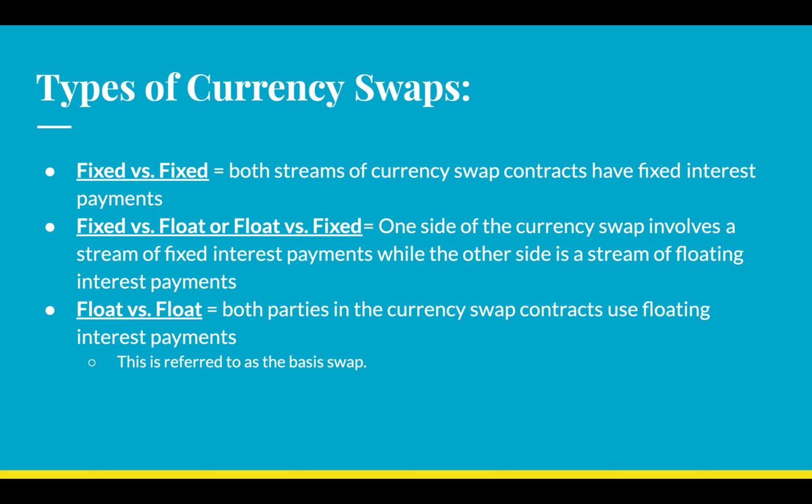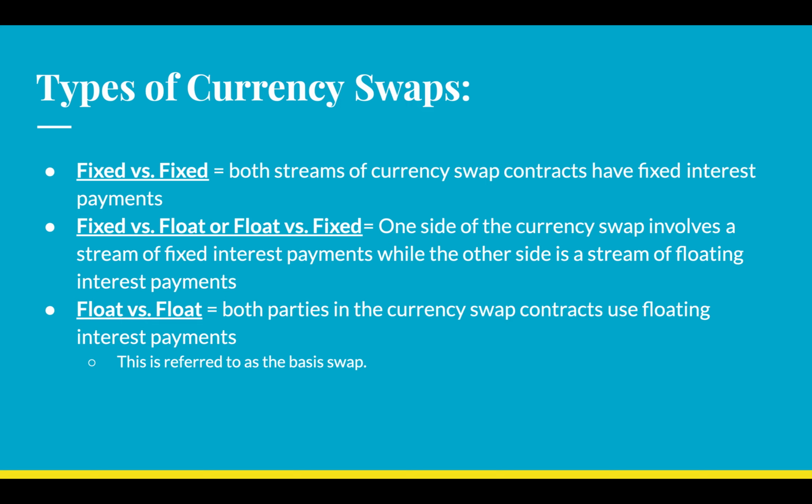There are three different types of currency swaps. The first type is called a fixed versus fixed currency swap. This means that both streams of currency swap contracts have fixed interest payments. The second type is known as a fixed versus float, or a float versus fixed currency swap.